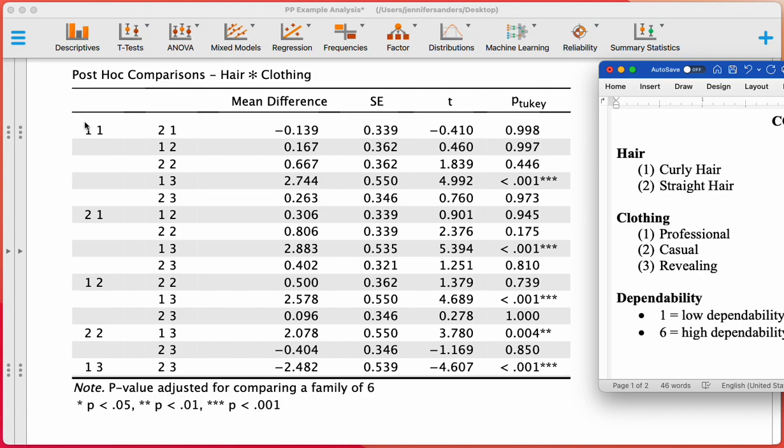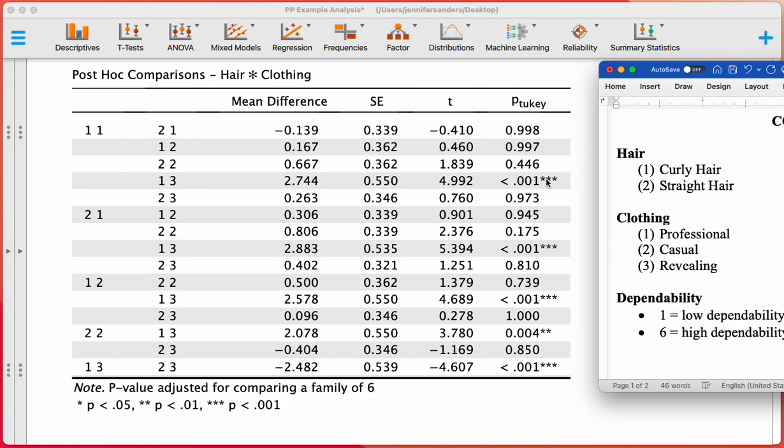So the vignette with the candidate that had curly hair with professional clothing, what was the average rating of dependability there, minus the average rating of the vignette that had the straight hair with the professional clothing. And the difference between those two was not very big. It's only about 1.3 points, 1.4 points. And we can see that that difference isn't big enough to be significant.